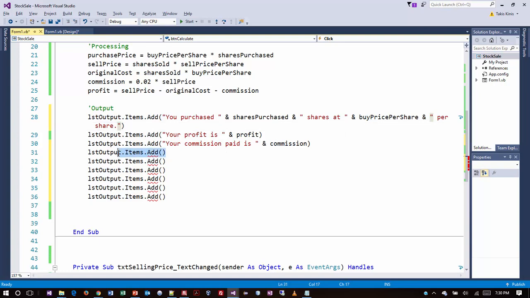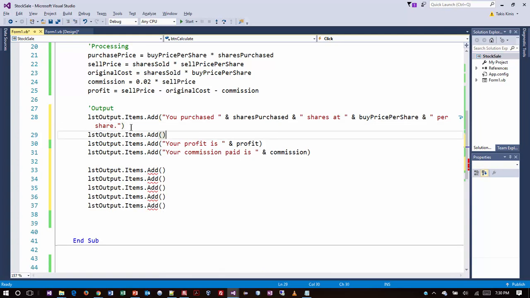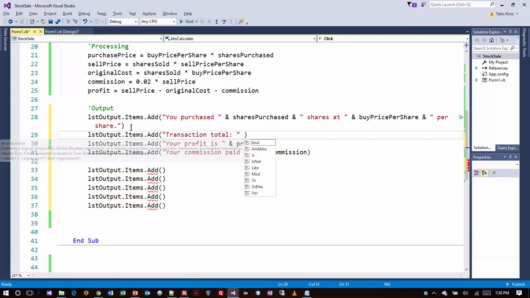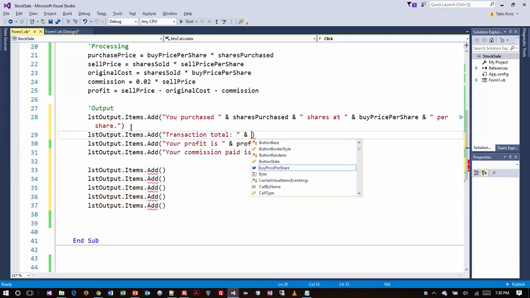And then I might say something like, transaction total, maybe even put a colon in there or something, I don't know. And then what would that transaction total be? That would be the purchase price.